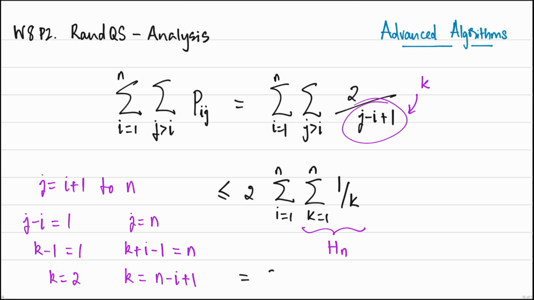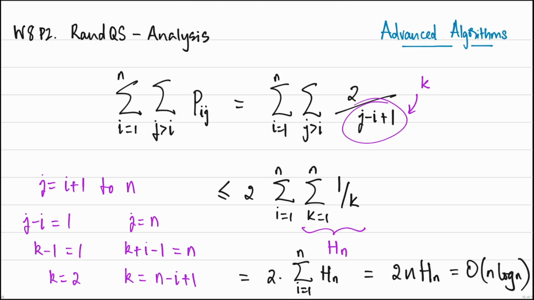So what we have is twice i ranging from 1 to n Hn, so that's just n occurrences of the nth harmonic number, so 2n Hn, and Hn is well approximated by the natural log of n, which gives us an upper bound of n log n out here. So this is just, of course, ignoring constants and so on. But that's the final word on the analysis of the expected number of comparisons for randomized quicksort.